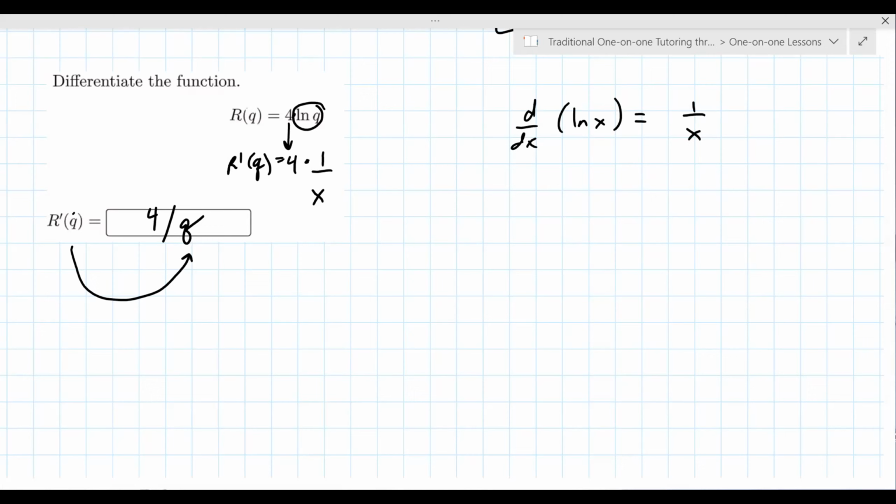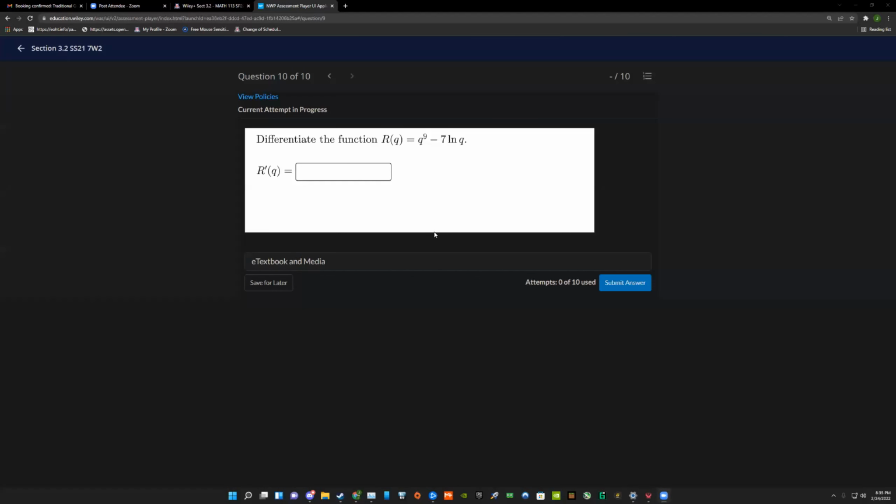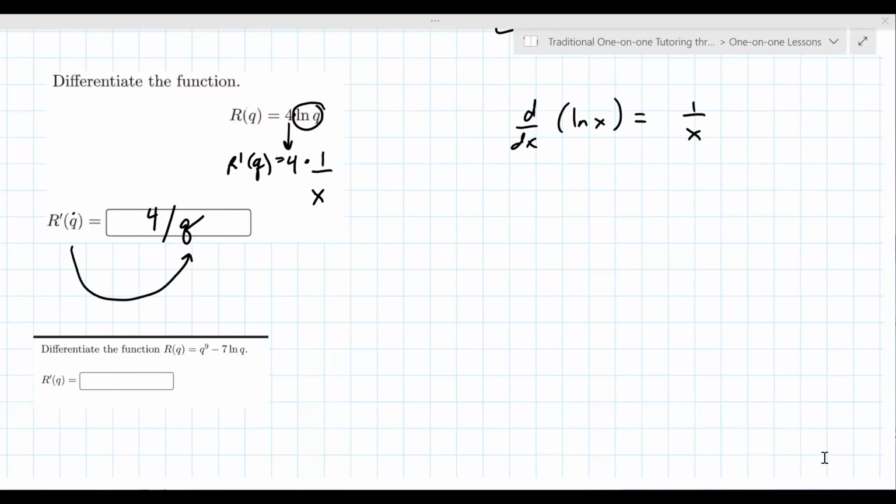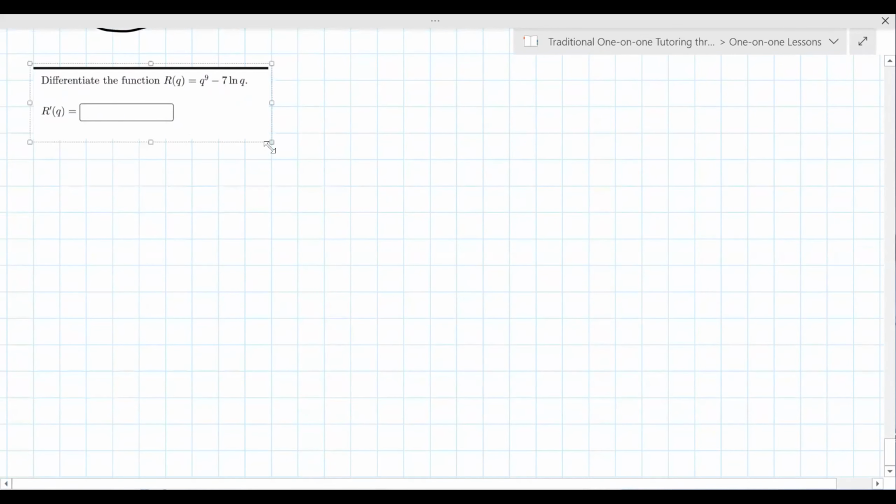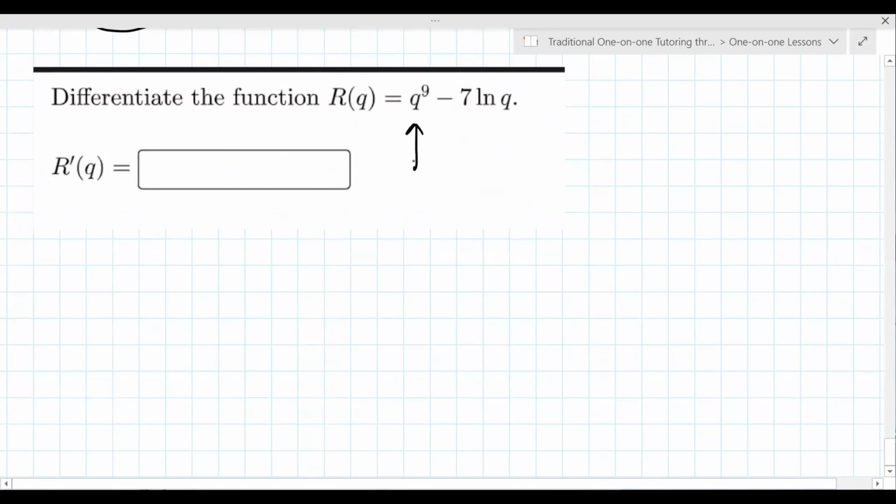The last one. Okay, this is a good question. It's got elements of what you did in the lesson before the last one. Let me share my screen here. You're doing a power rule, because it's a variable to an exponent.